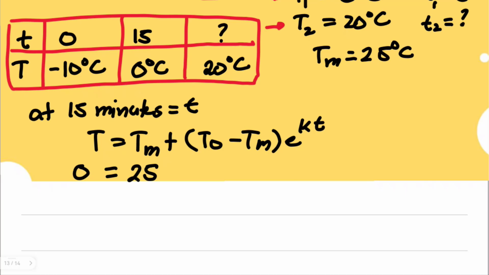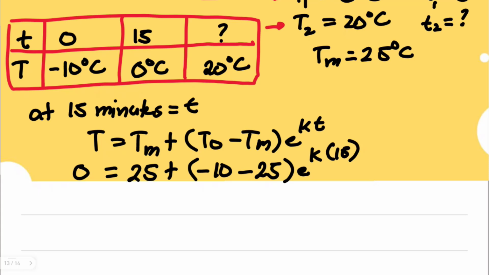Later on, you will have plus your T sub 0, which is negative 10, and then minus your ambient temperature, which is 25. Again, we're dropping all the units in the meantime, times e to the power of k, and then your t is actually 15.